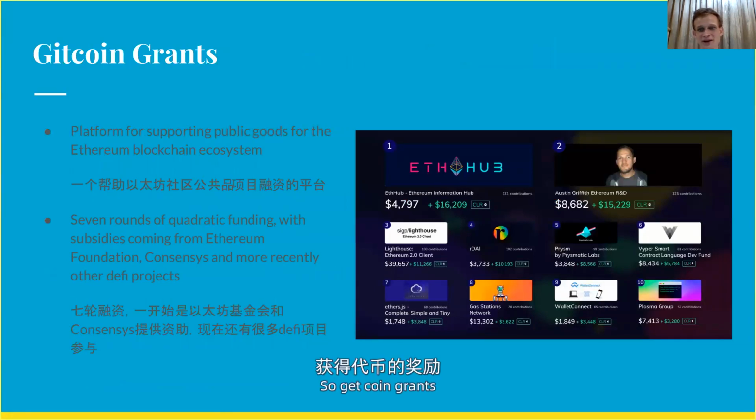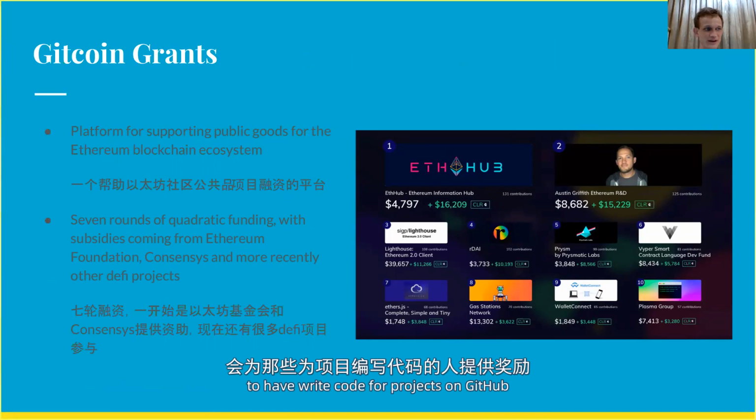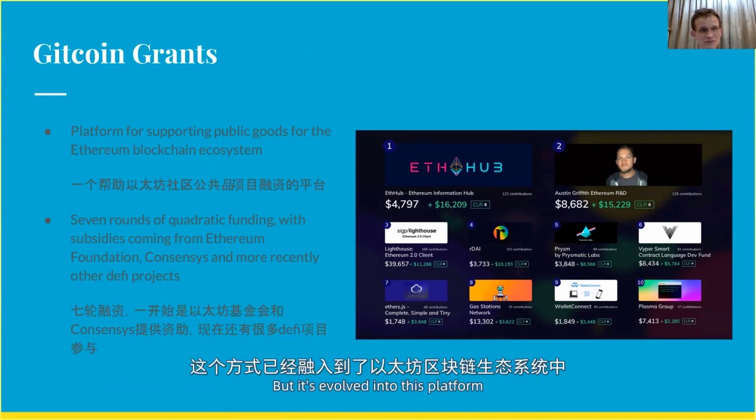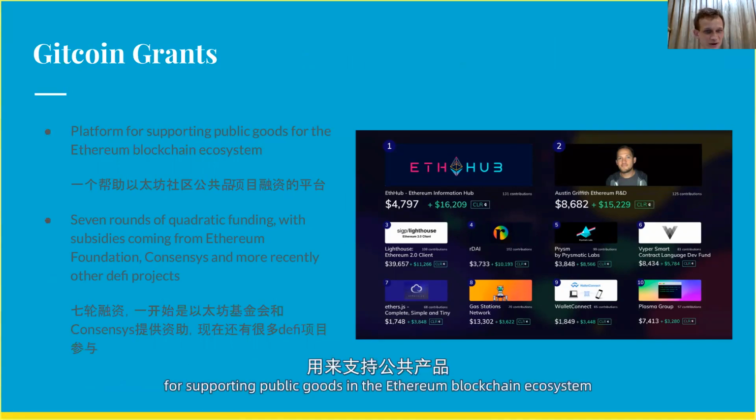So Gitcoin Grants was originally a platform for providing bounties for people to write code for projects on GitHub, but it evolved into a platform for supporting public goods in the Ethereum blockchain ecosystem.